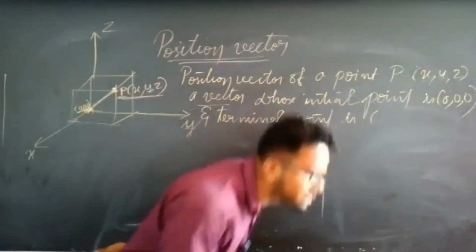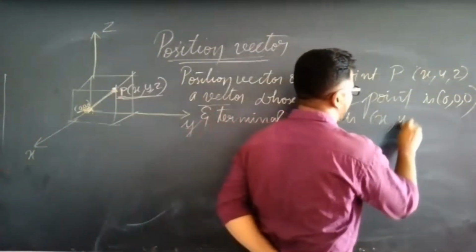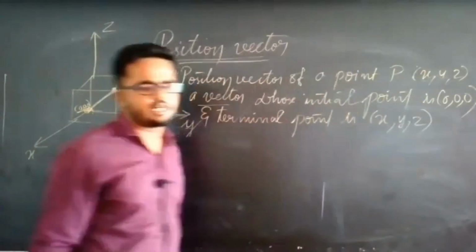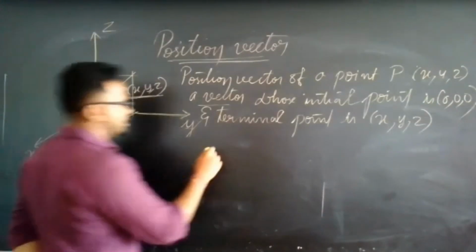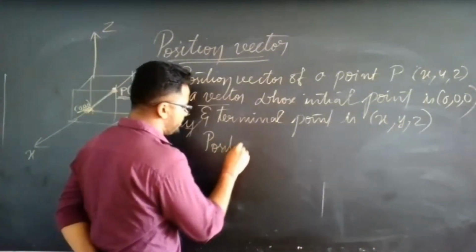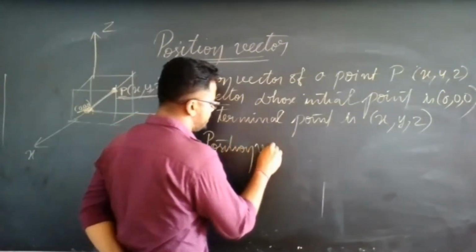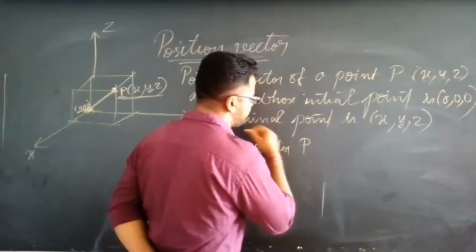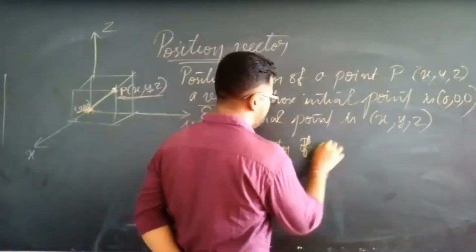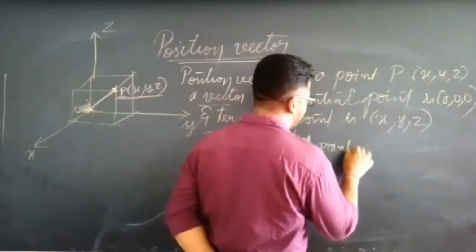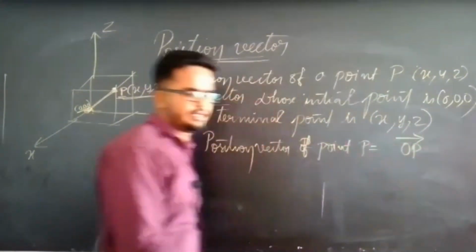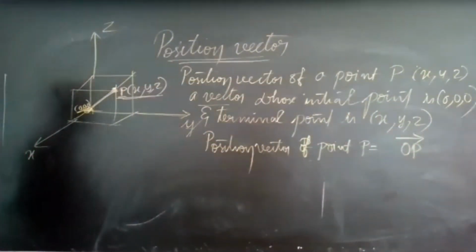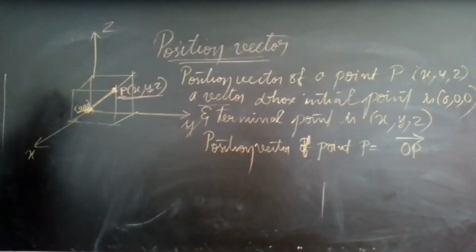Terminal point is (x, y, z). Position vector of point P, how will we represent this? Do you know? Position vector of a point P is given by vector OP.